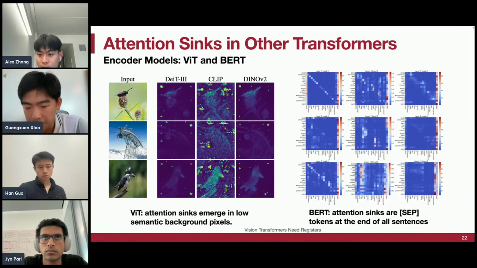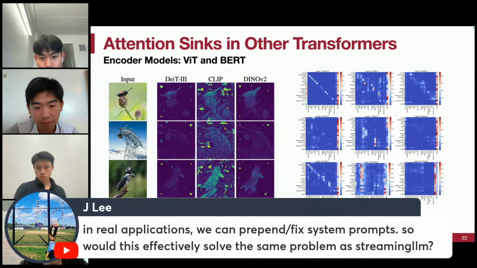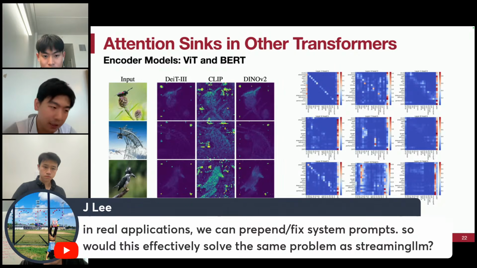Makes sense. So Jay Lee has two questions. In real applications, we can prepend system prompts. So would this effectively solve the same problem as StreamingLLM? Yeah. If you are using the system prompts as the attention sinks, I actually think that's a more elegant way to do that.